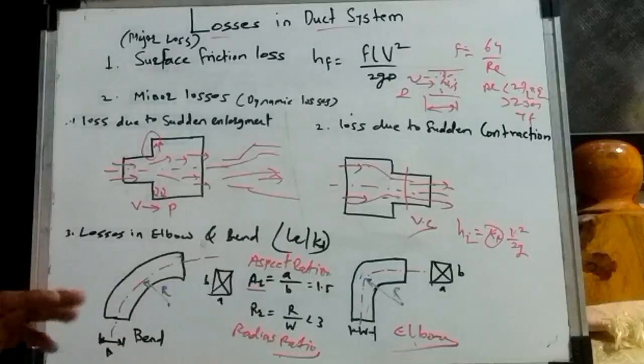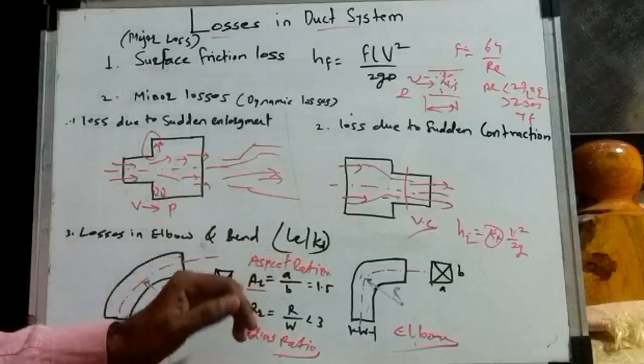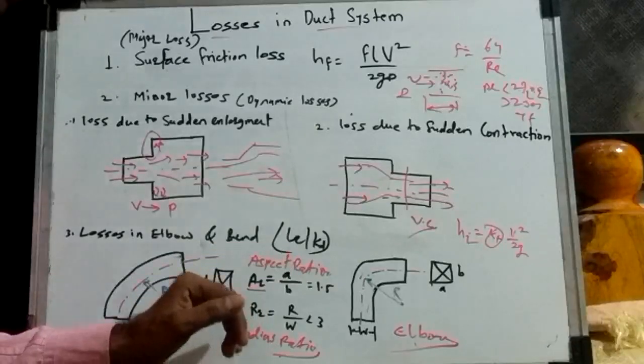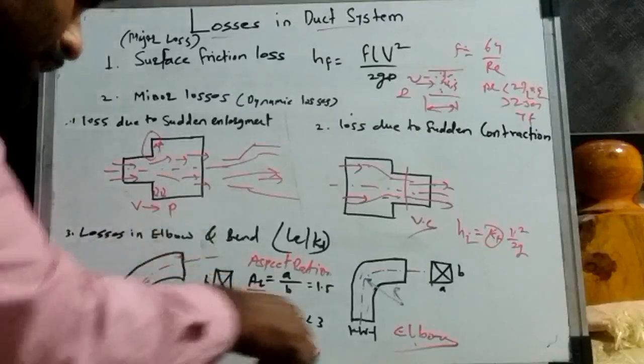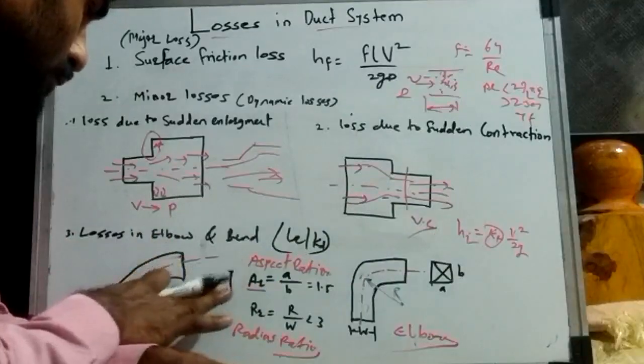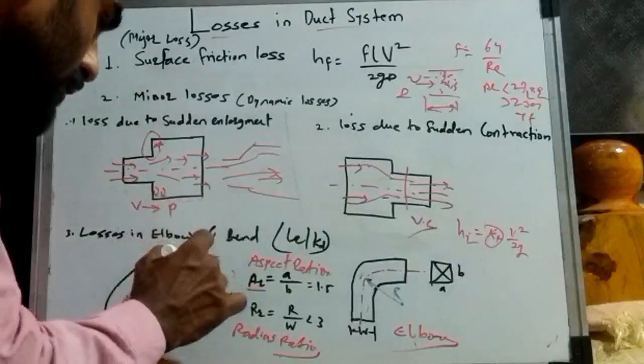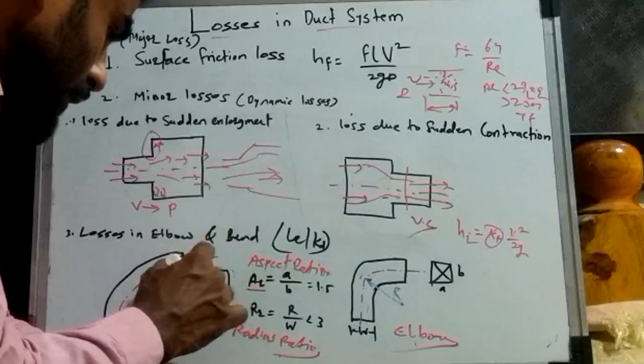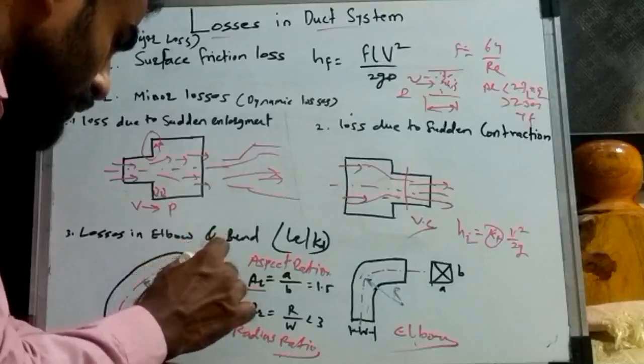If you consider the aspect ratio, it is nothing but the ratio of the longer side upon the smaller side, right? So that is the ratio of the duct cross section. If this is the duct cross section, A is the longer side and B is the smaller side.